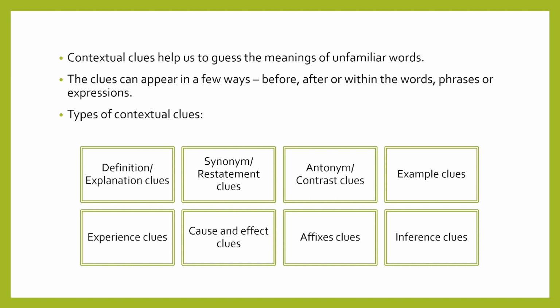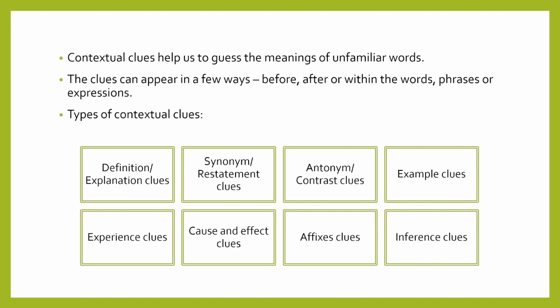So that is the concept of contextual clues. The clues can appear in a few ways: before, after, or within the words, phrases, or expressions. So whenever you don't understand a particular word, sometimes it is explained before, after, or within the words, phrases, or expressions. So do remember that.